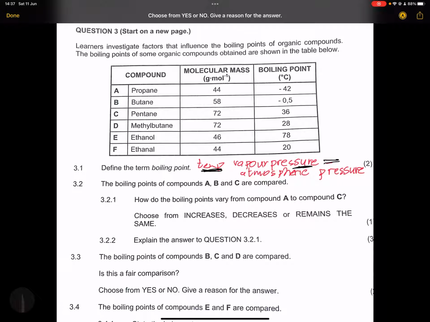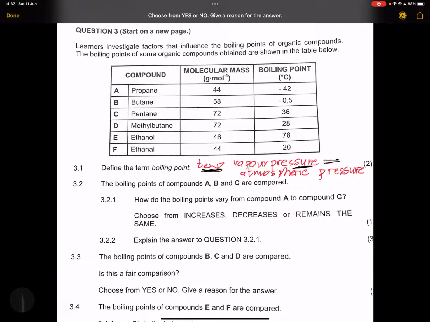So they are increasing in chain length as you go down. And notice what happens: as they increase in chain length and molecular mass, so does the boiling point. The boiling point of butane is greater than that of propane, and the same with pentane. It has a higher boiling point than that of butane.